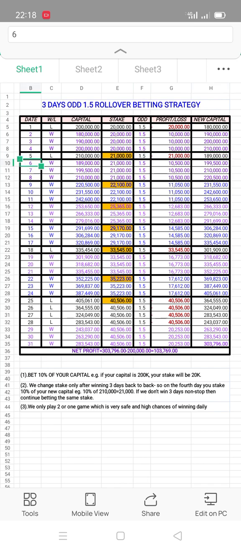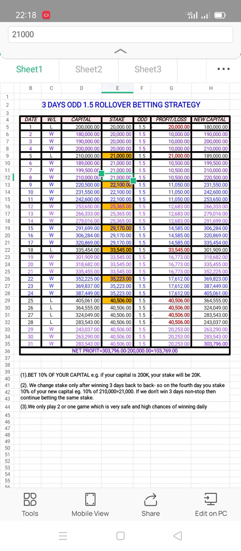So day number 6, our capital was 189,000. We continue playing 21,000. We won, and our net profit was 10,500, and the new capital will be 199,500. So we continued until we won 3 days in a row, which was day 6, day 7, day 8.